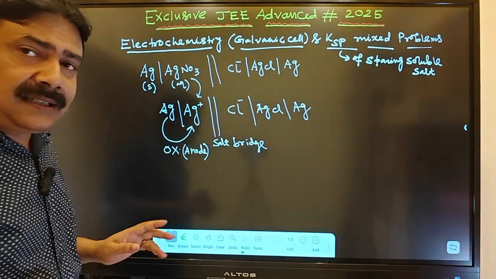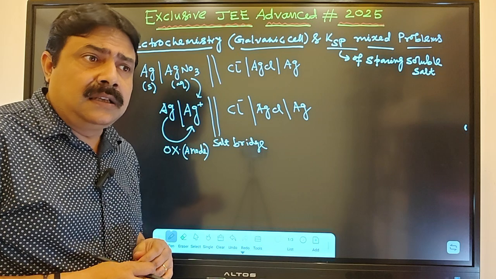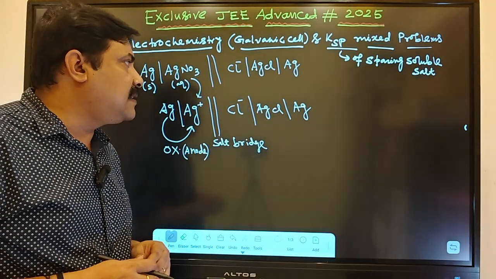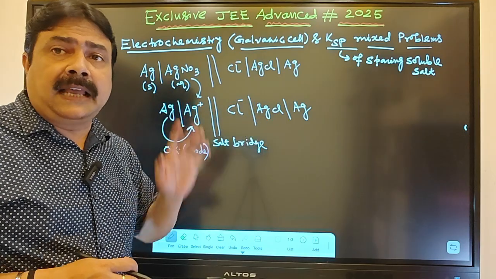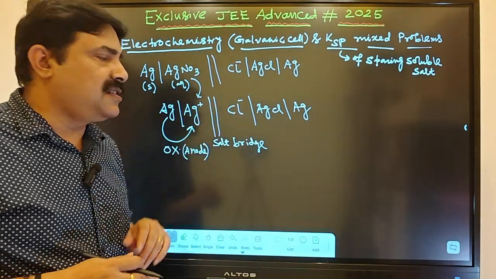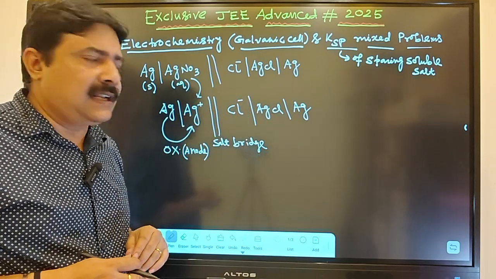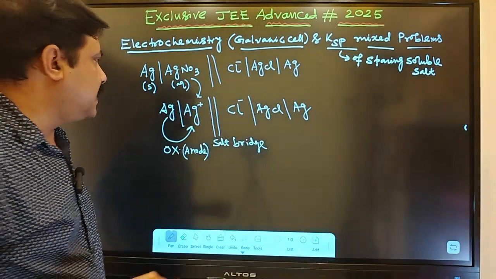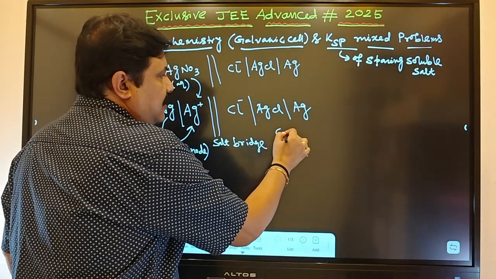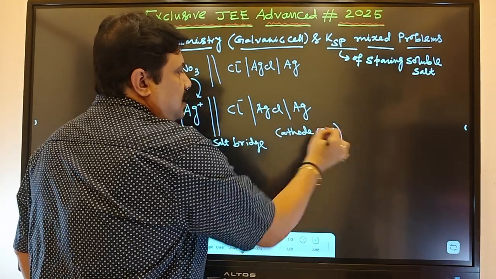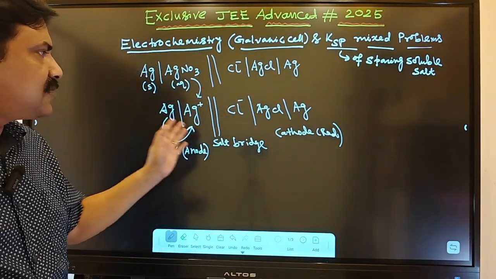Here, rather than the metal ion converting to the metal, as the cathode they are using another special type of electrode, which is the soluble anion: Cl minus is the soluble anion, AgCl is the sparingly soluble salt, and then silver metal. That acts as the cathode, meaning the reduction half. Both the cathode and anode are connected by a salt bridge.